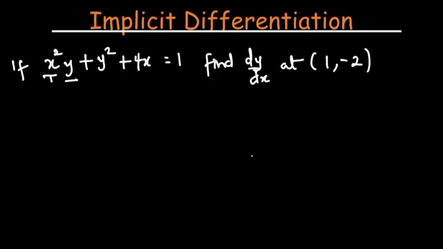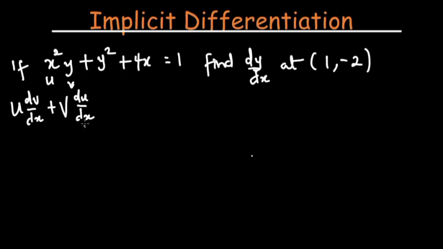Alright? And so in order for us to use the product rule, let us represent x squared with the letter u and represent y with the letter v. So the formula is u dv dx plus v du dx.